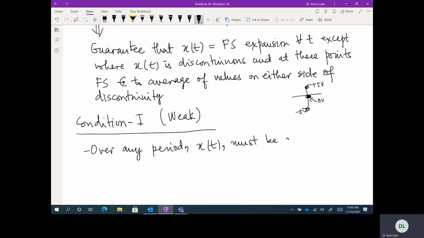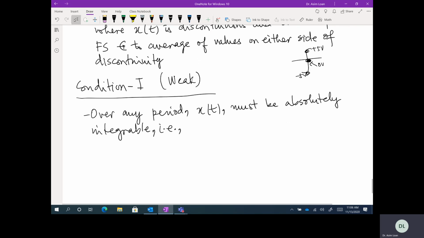That simply means this integral is finite.